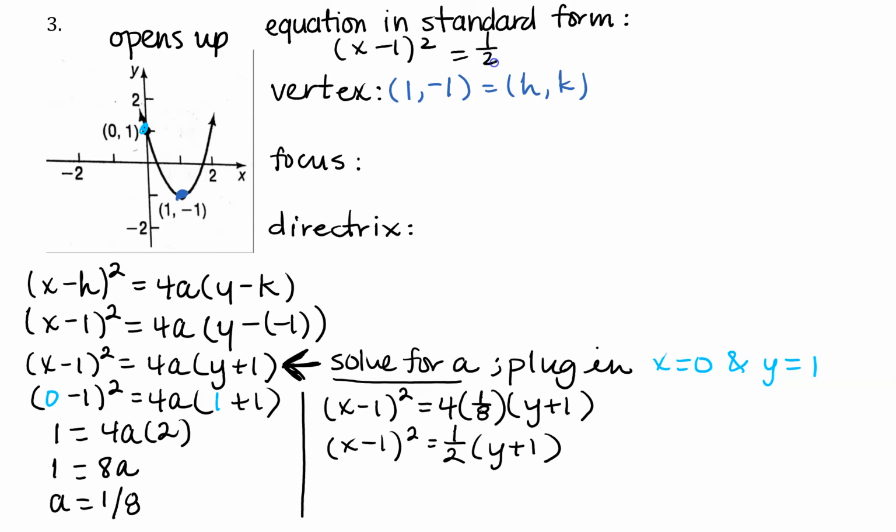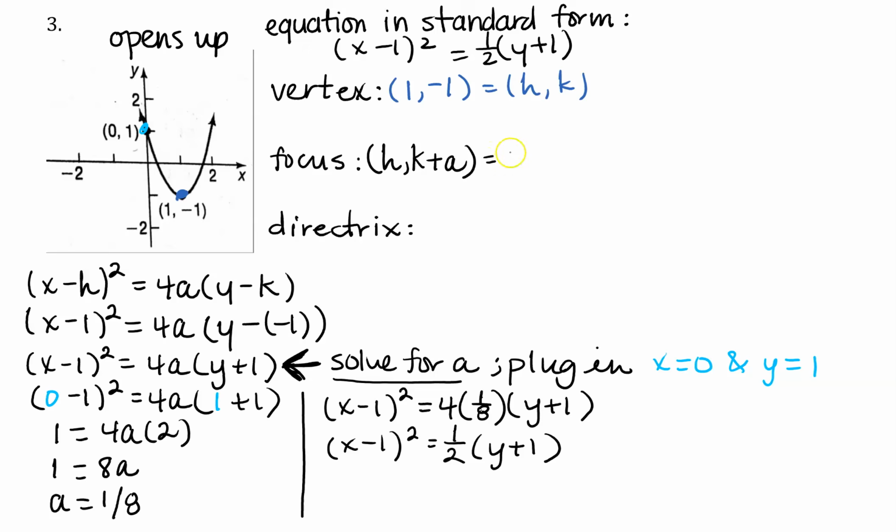Now that we know a, we will use that information along with the fact that the parabola opens up to find the focus and the directrix. When a parabola opens up, the formula for the focus is (h, k + a). I'm just getting that from the table we filled out earlier.